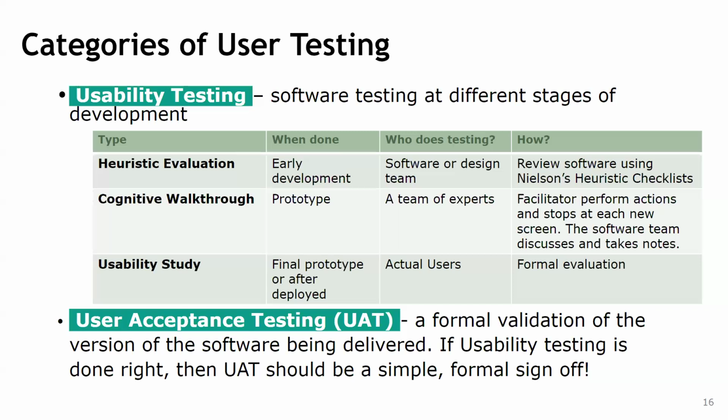So the user acceptance testing can be done two ways. It can be done as the software is being developed, or it can be done after it has been developed, just before the implementation. So if we are doing it as the software is being developed, we can have, for example, the development team, the testers who are testing as part of the development, use a QA environment to test the software, to check for bugs and to check that it meets the requirements.